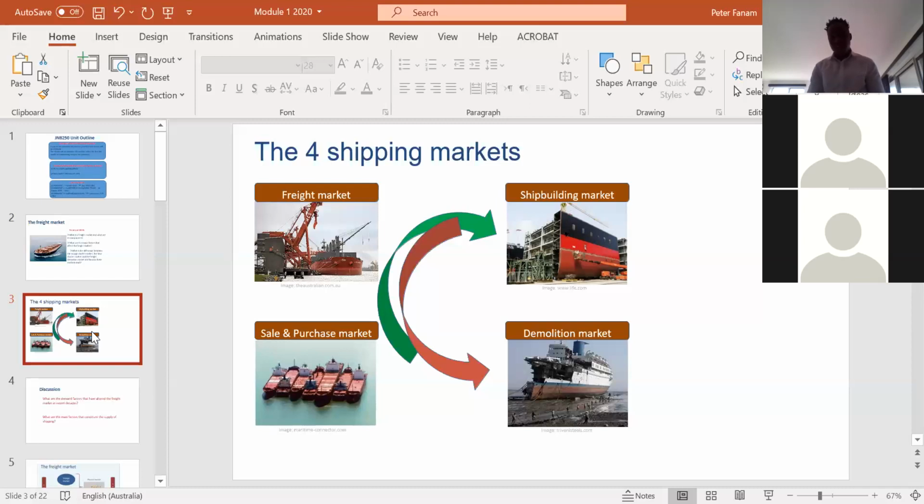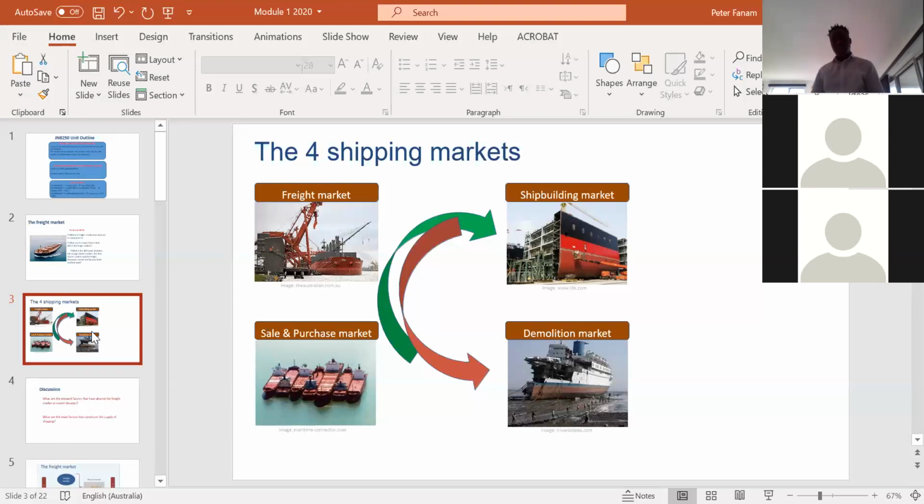What happens in this market is that whenever a new ship is released and comes into the shipping business, the total capacity increases. That sometimes may give us surplus or excess capacity in the market, because new vessels have been added.